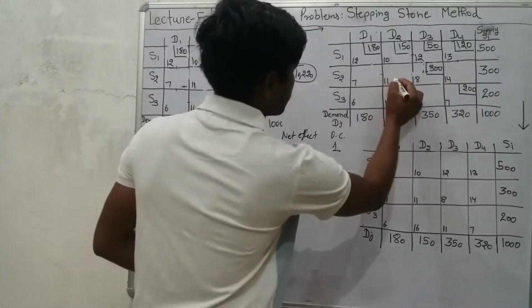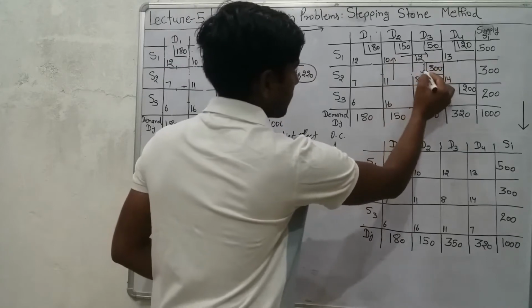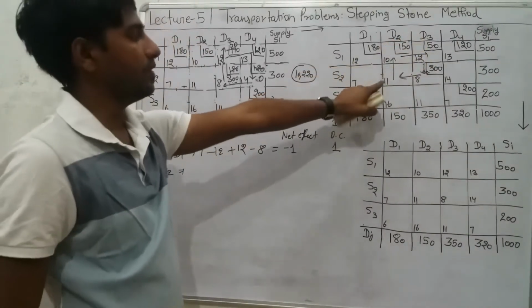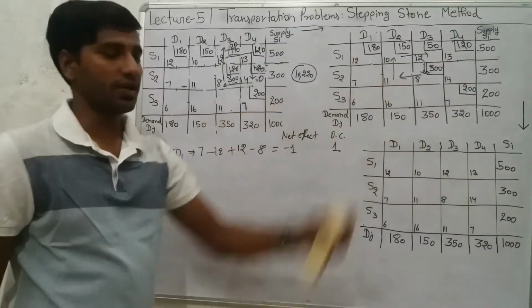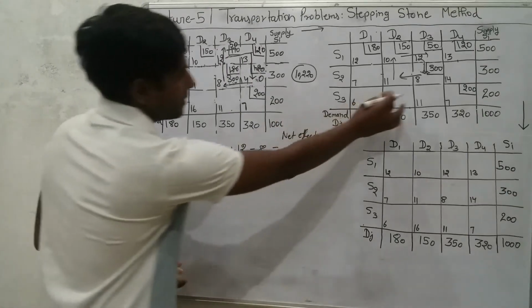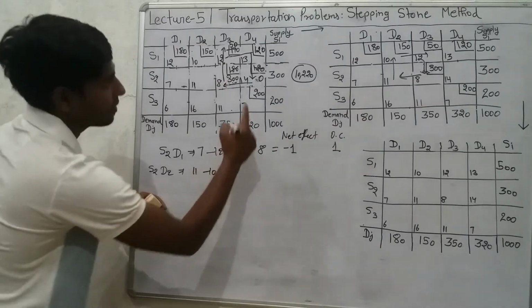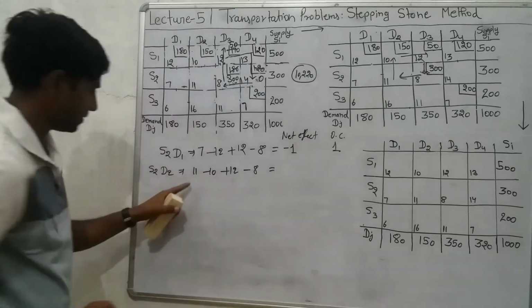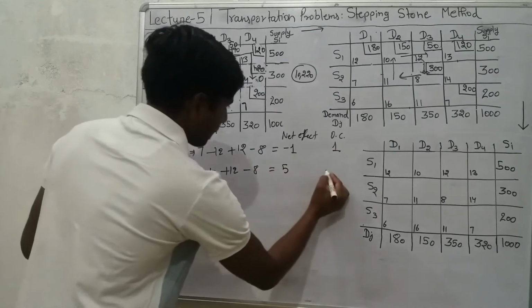Start from here, go to this cell, come down, come back to the empty cell, because three corners are occupied cells. Just remember, there can be only one empty cell in a closed loop, that is the empty cell itself, for which we are calculating the opportunity cost. So what would be the opportunity cost? 11 minus 10 plus 12 minus 8. So it is 23 minus 18, that is equal to 5, or minus 5.